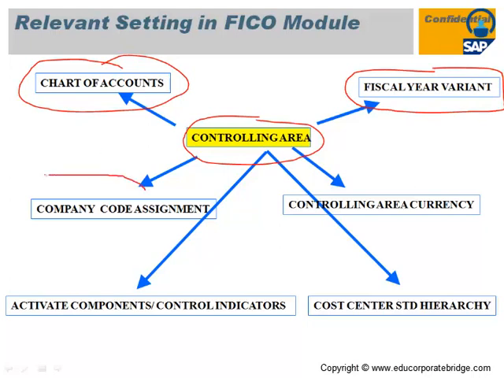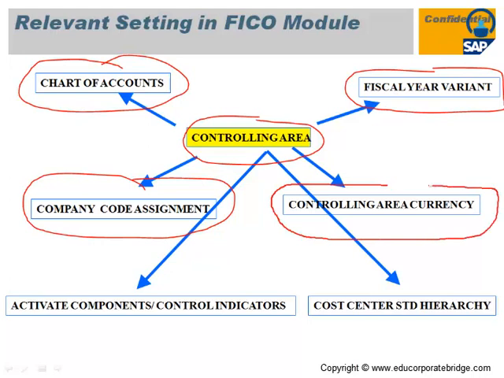The controlling area is linked with the company code, and the currency picked up in planning needs to be maintained in the controlling area currency, whether it is INR, Euro or USD.